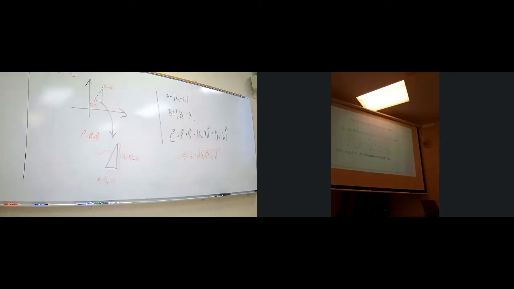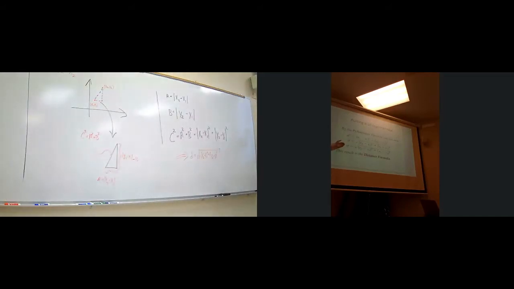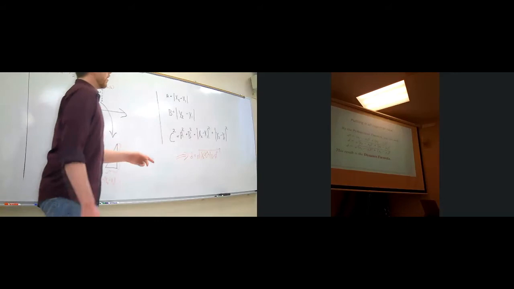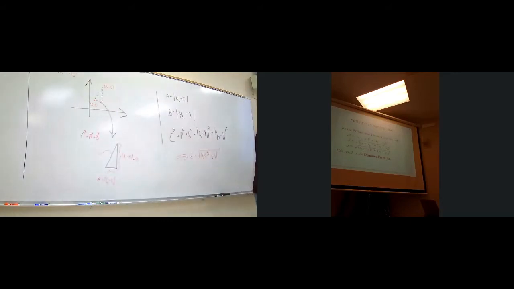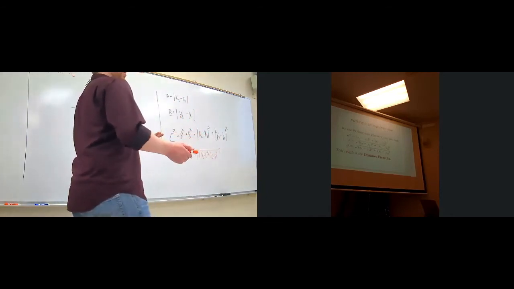So I point all of that out because this looks a lot more intimidating. But this is exactly what we just did over here. We squared the D. We said, all right, D squared is equal to A squared plus B squared. But then that means D is equal to the square root of the quantity A squared plus B squared.